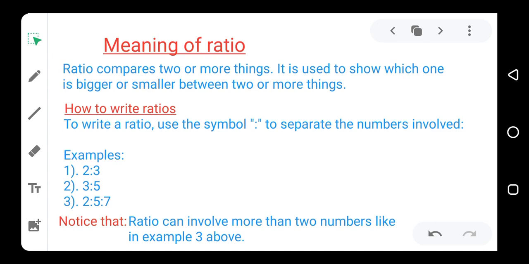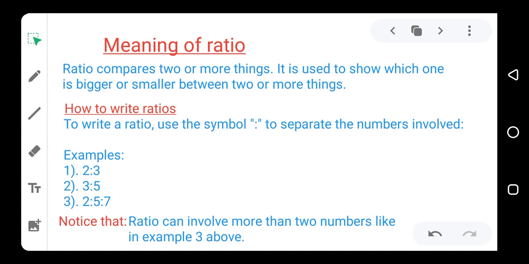So ratio compares tens to tens, normally two or more tens. If you have only one thing, you are not comparing it with any other thing. But when you have two or more things, you can compare two of them to see which one is bigger, which one is taller, which one is shorter. Comparing two of them to see which one is bigger or which one is taller or something like that is what we call ratio.